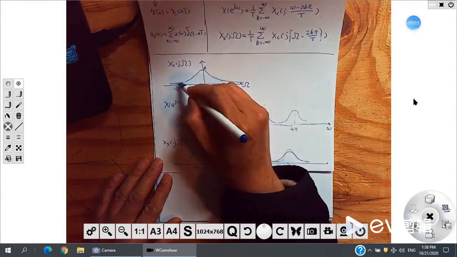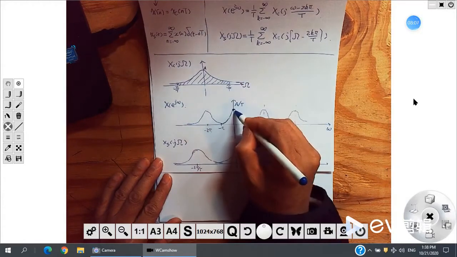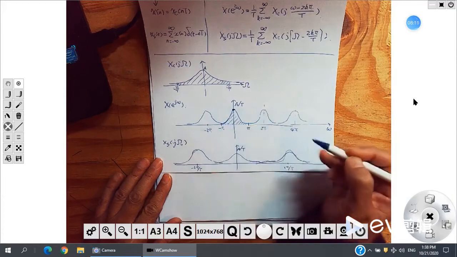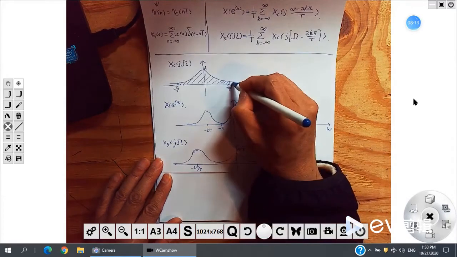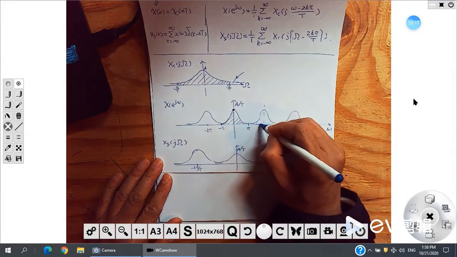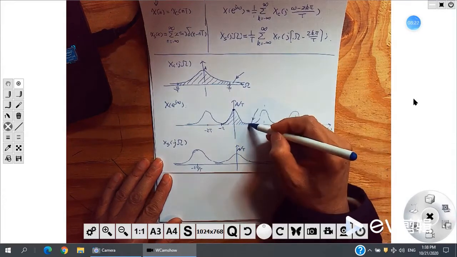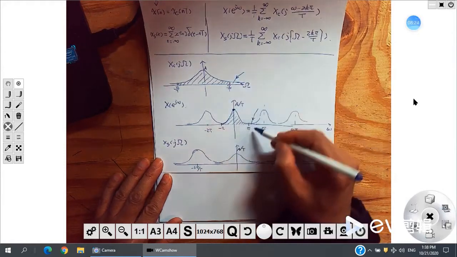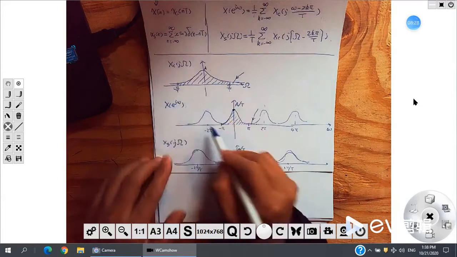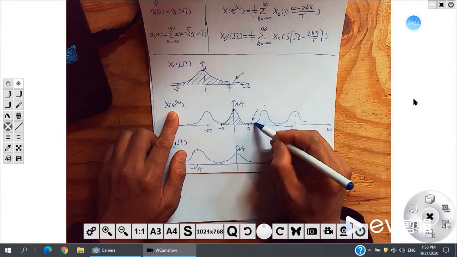So this part will go to here. But then you will have this part. This part, the value is small, and when you calculate this capital X of e to the j omega, this part is covered by the next peak, right?